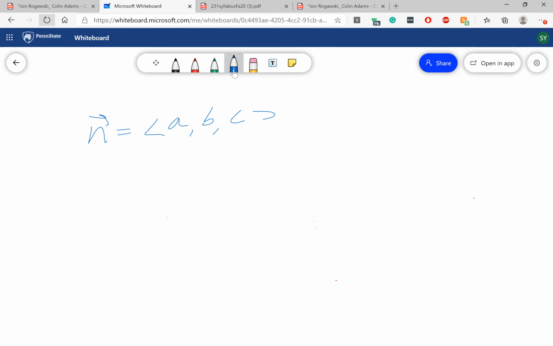And then we are trying to describe our plane. So we can say that the normal vector dotted with the vector x minus x0, y minus y0, z minus z0 is equal to 0. Any questions about this?